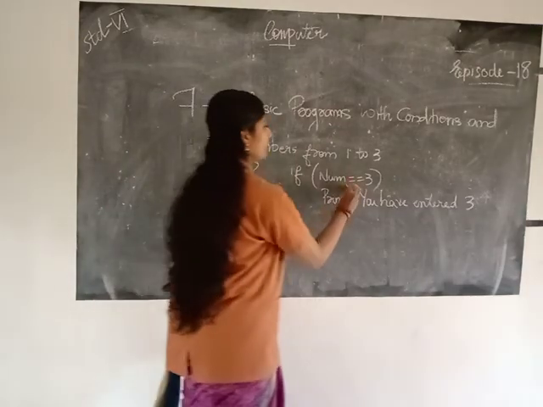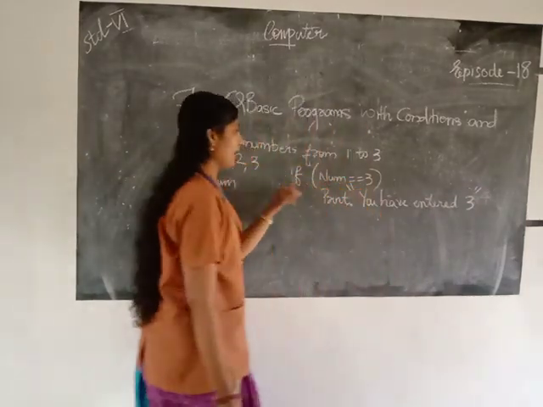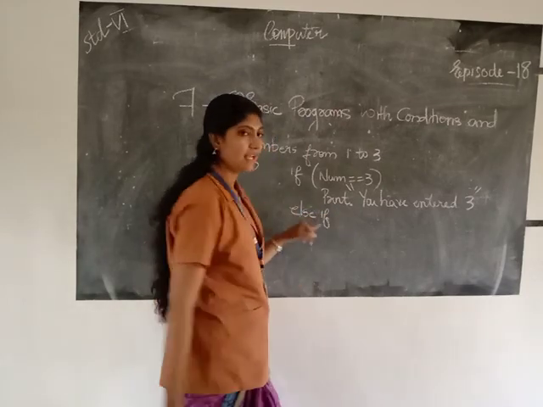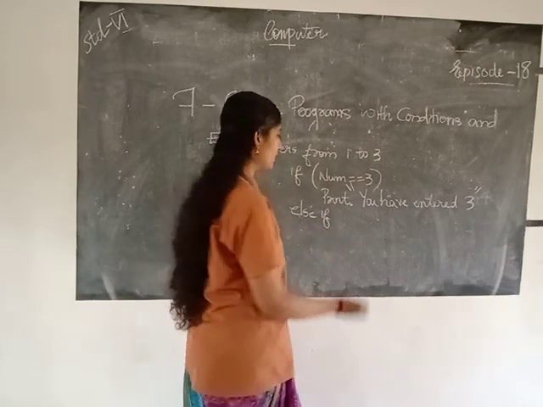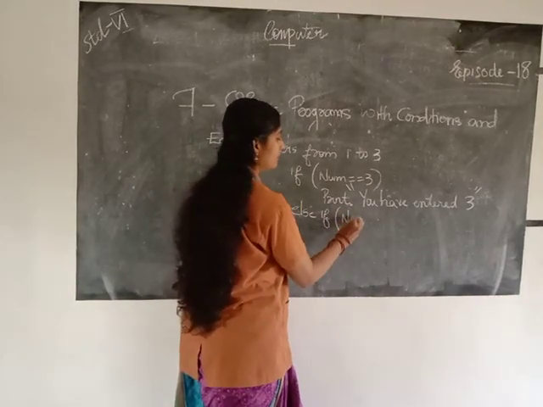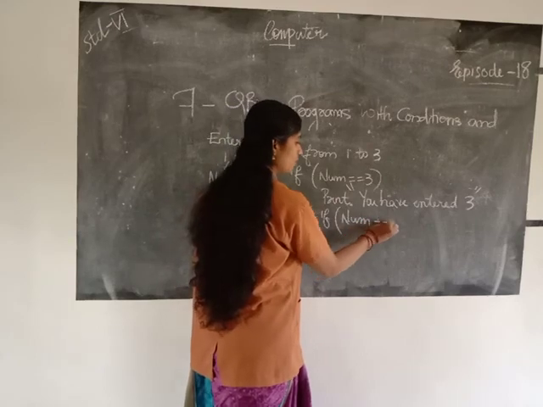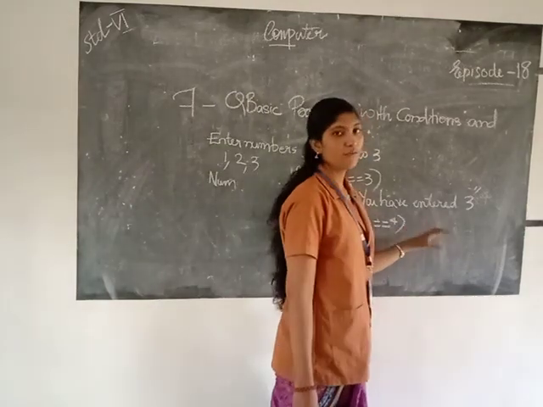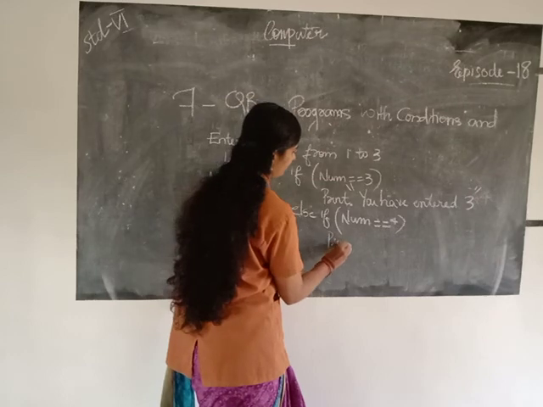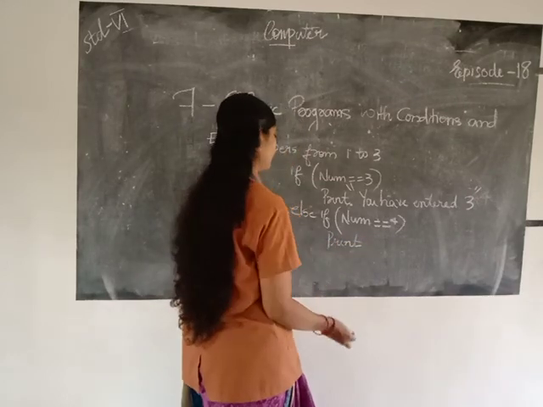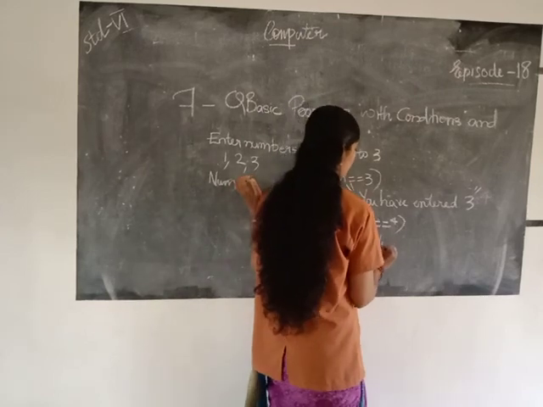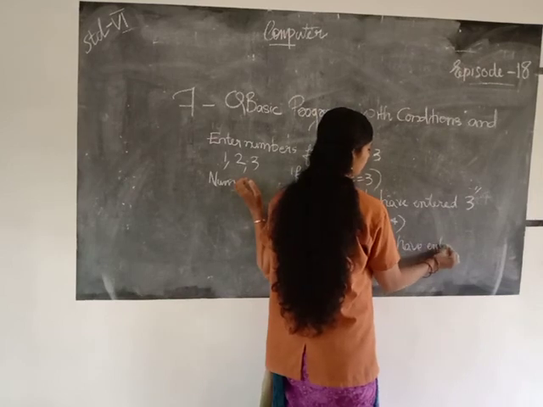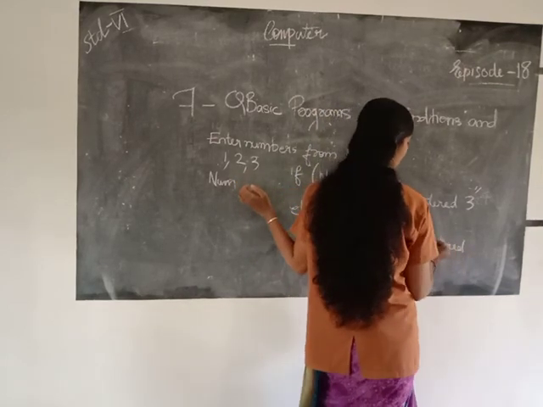Then else part. So else if you enter number 2, then what about the condition? If num equal to 2, then there is a printing statement, you have entered 2.